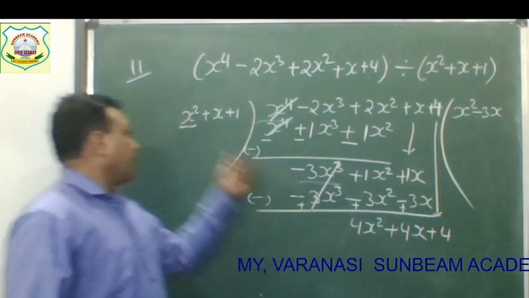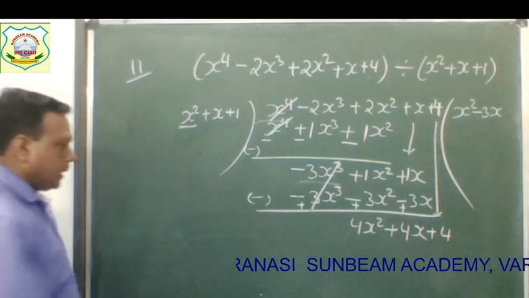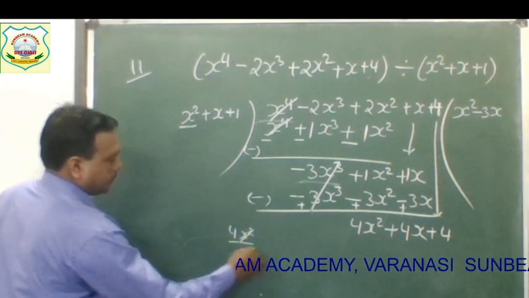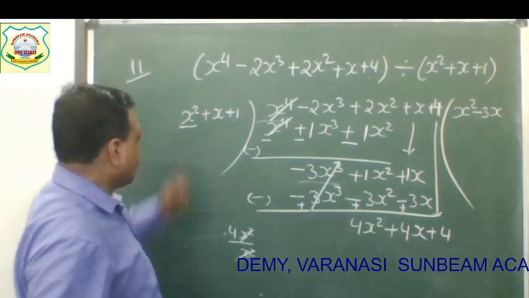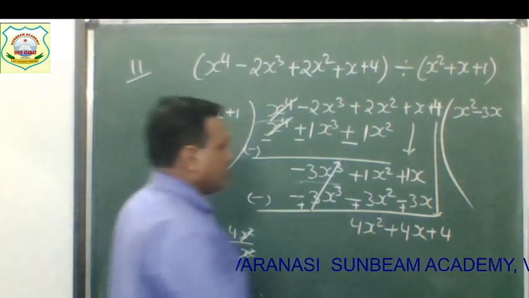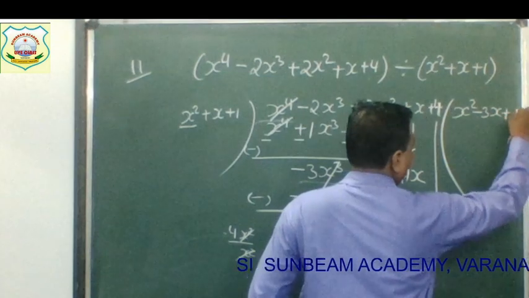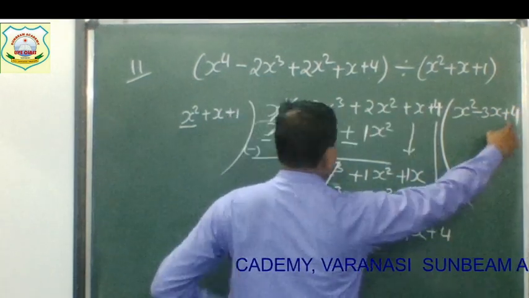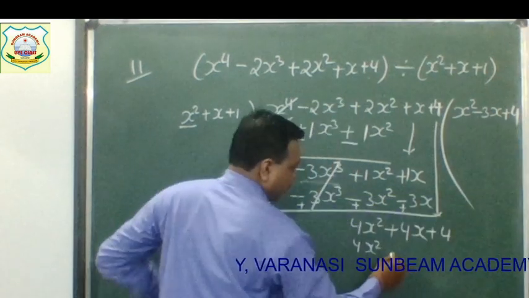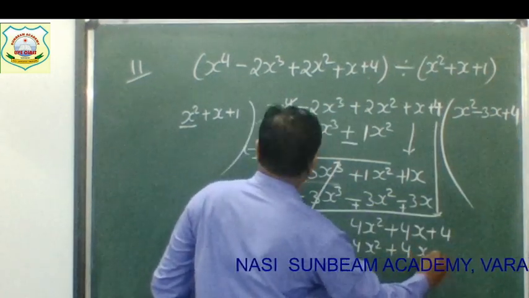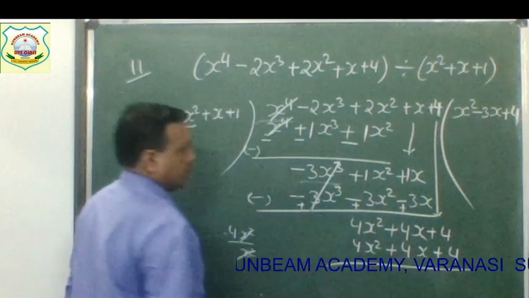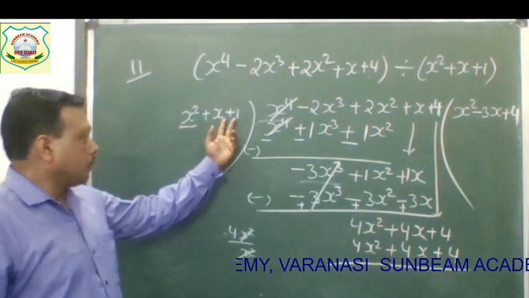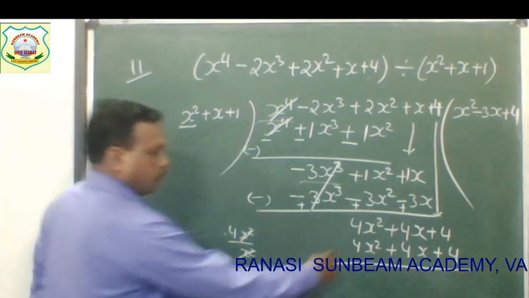Now 4x square and x square: what should we multiply? 4x square upon x square, it cancels, only 4 comes. So 4 multiplies all these values. We write plus 4 in the quotient. 4 into x square is 4x square, 4 into x is 4x, and 4 into 1 is 4, all with plus signs.